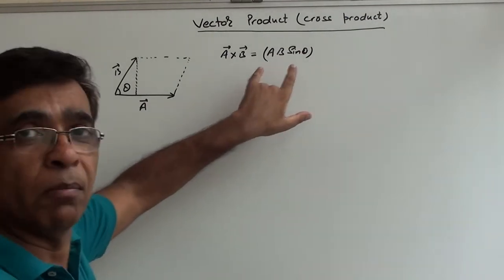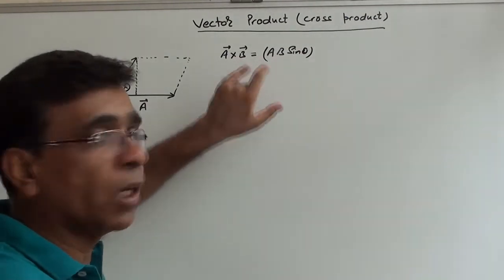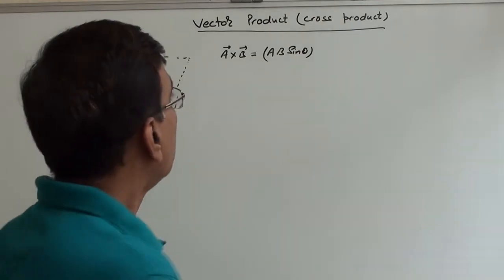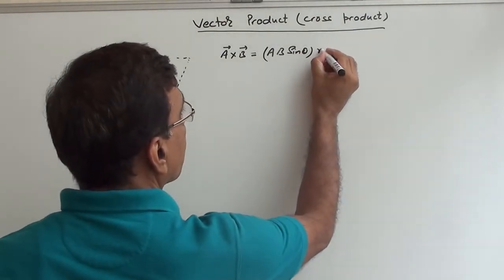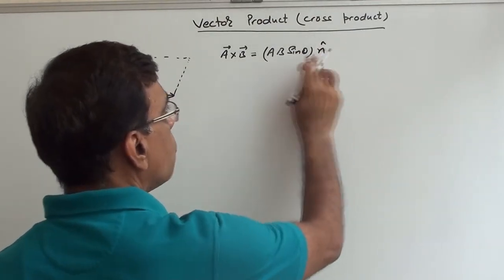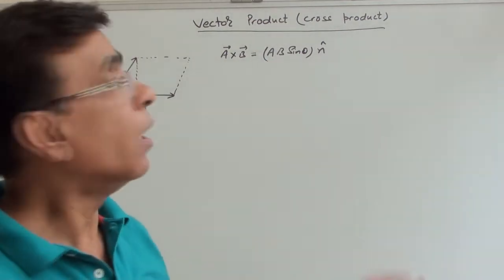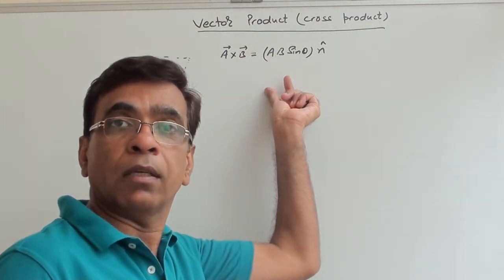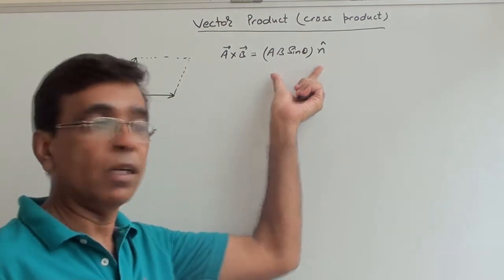But this is not complete. AB sin theta is the magnitude part only. We multiply it by a unit vector, the purpose being to assign direction to AB sin theta. So now this is a vector quantity.